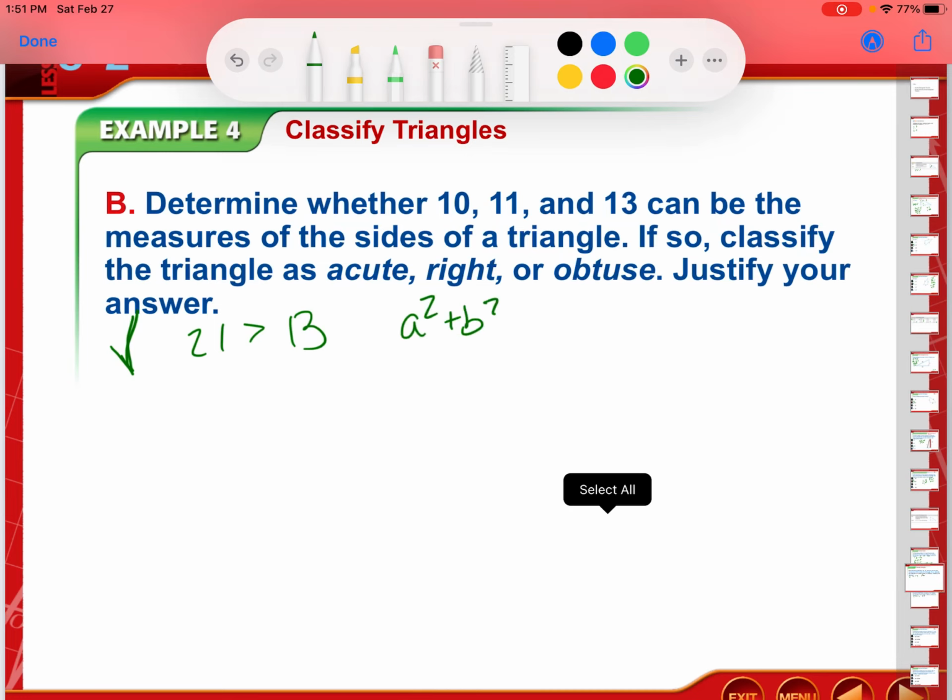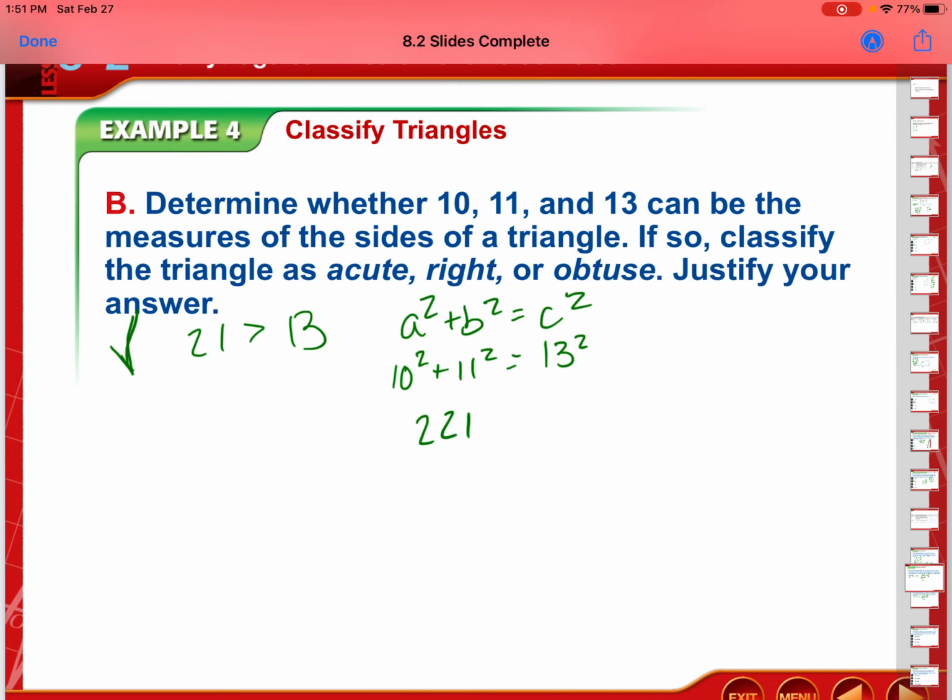Next thing, a squared plus b squared equals c squared. 10 squared plus 11 squared equals 13 squared. So 10 squared plus 11 squared is going to be 221. 13 squared is going to be 169.